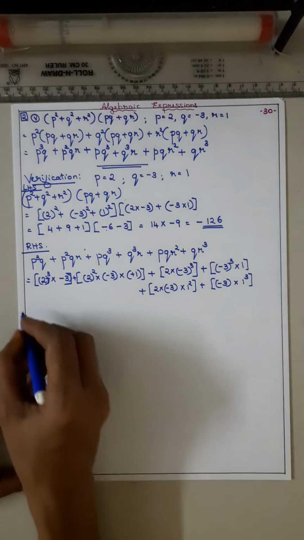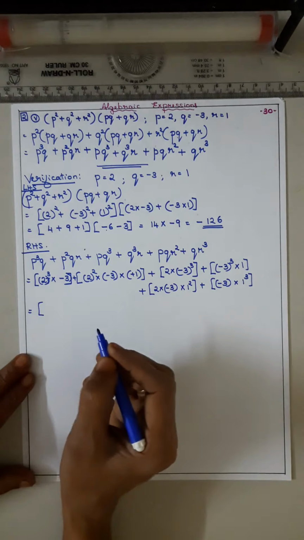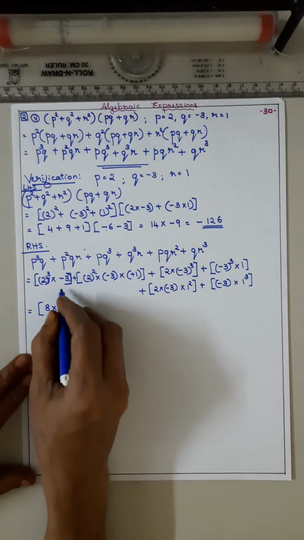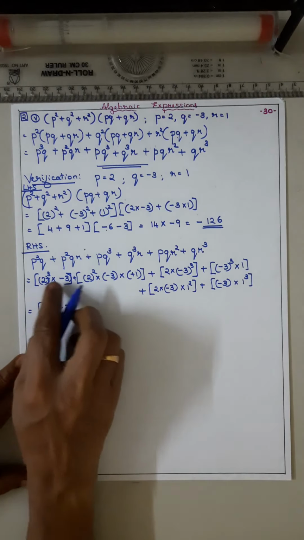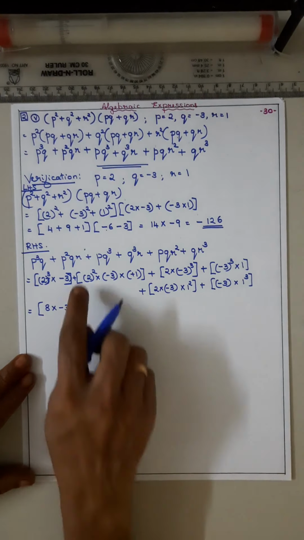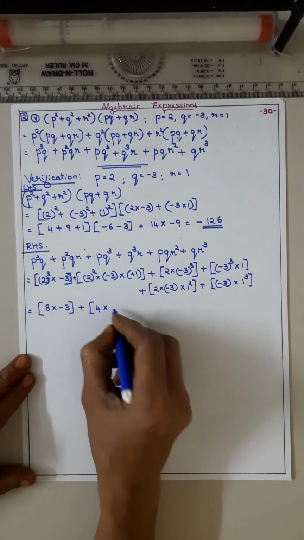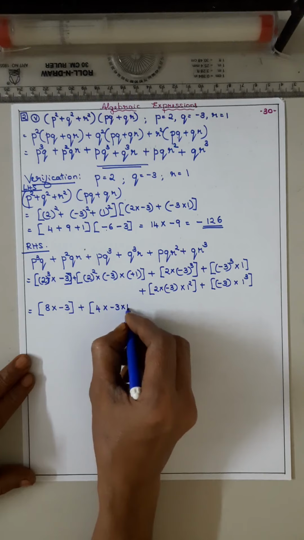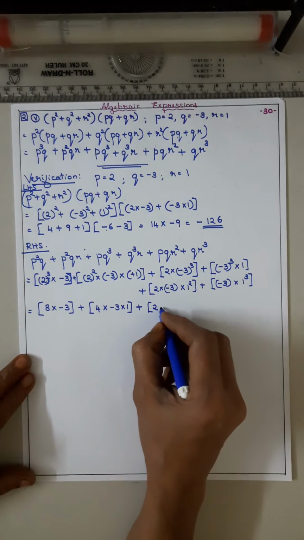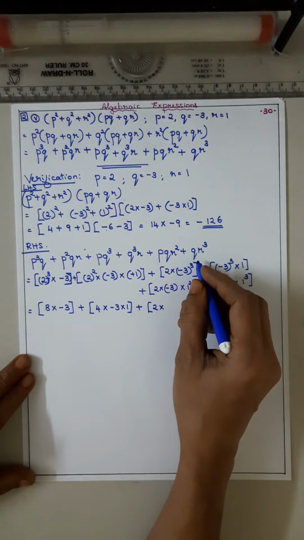Okay. Now find the value. 2 cube is how much? 8 into minus 3. Now it is plus. Here 2 squared, that is 4 into minus 3 into 1. Next 2 into minus 3 cube.